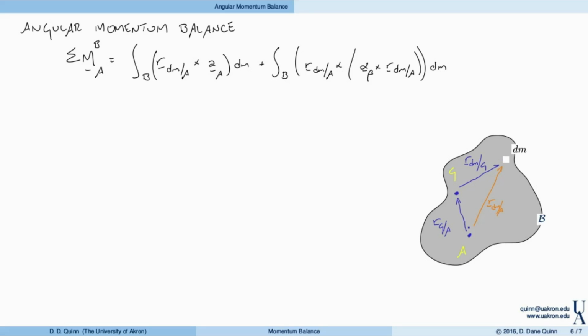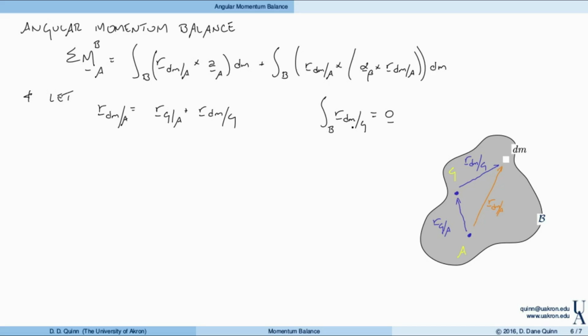So we'll again write this position vector, the position of the mass element with respect to A, in terms of the position of G. So it's the position of G with respect to A plus the position of the mass element with respect to G. So when we do this, again, recall that the integral of r dm with respect to G acting over the body is equal to 0, right?